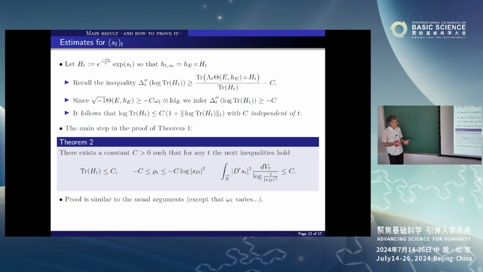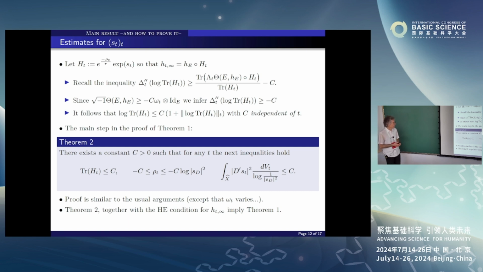But this is rather non-standard in the sense that omega t varies, but still the main steps of the proof are the same. So this sort of inequality here is what was to be done, combined with the usual arguments.